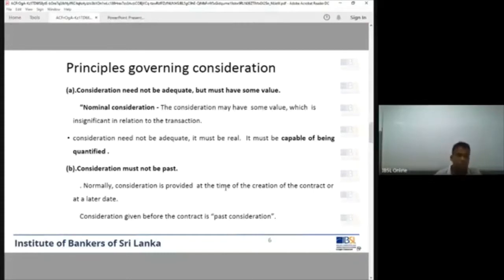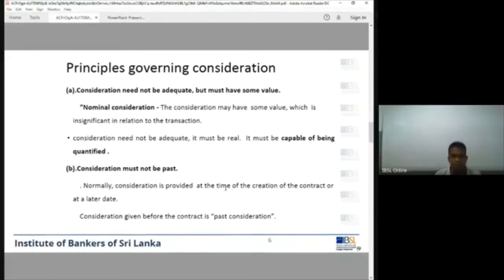The first part of the consideration says consideration need not be adequate but must have a value. That part you understand, no? If it is a consideration, it should have a value, right? You should be able to quantify it by rupees or by dollars or whatever.